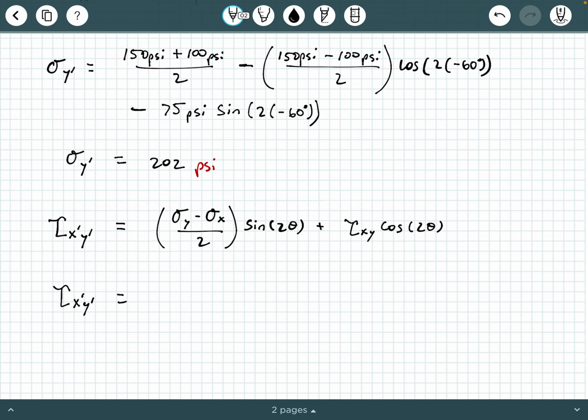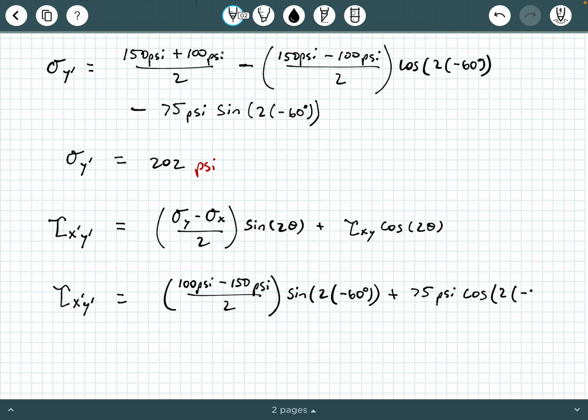Again, this is one equation. So we're going to have (100 psi minus 150 psi) divided by 2 times the sine of 2 theta, which is negative 60 degrees, plus 75 psi times the cosine of 2 times negative 60 degrees.